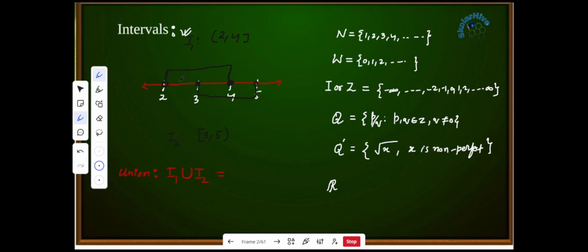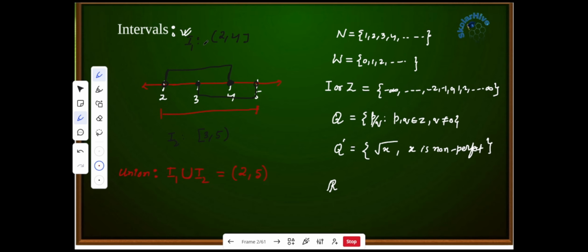This all comes between 2 and 5. So the union of these two intervals is the interval from 2 comma 5. Here 2 is open, so we need to keep it open at this end, and 5 is also open, so we need to keep an open bracket over here.